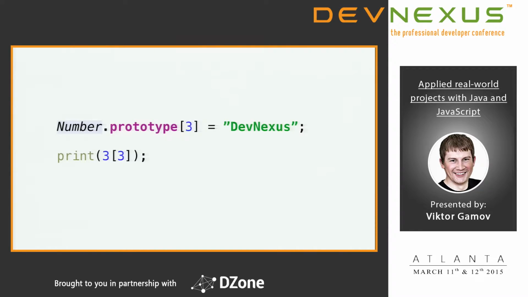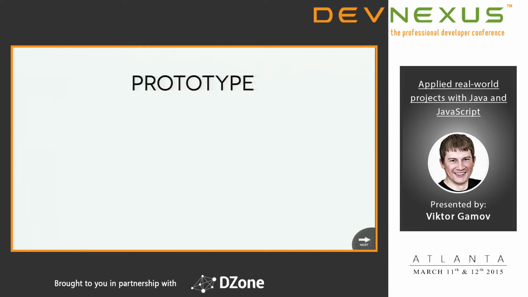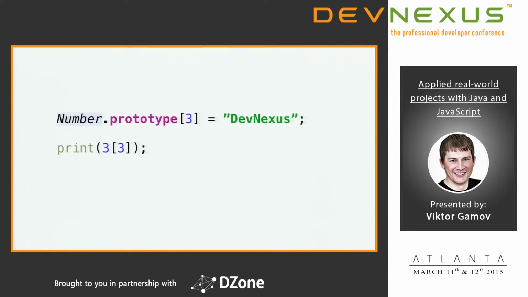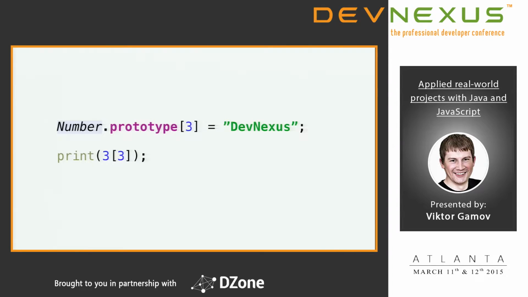However, JavaScript can convert it into a number object underneath, and this construction is very known to you because this is nothing more than accessing the property of the object based on the index. So in this case, we're trying to access the property of the number object by index number 3. However, there's nothing there. It's undefined. It's sort of the default value in JavaScript.